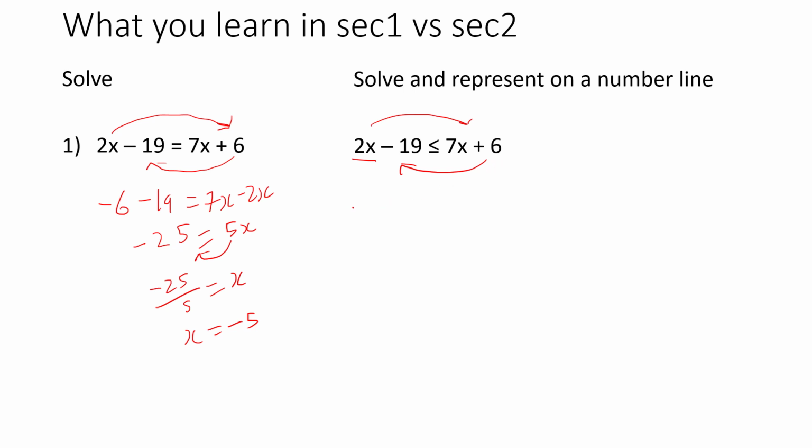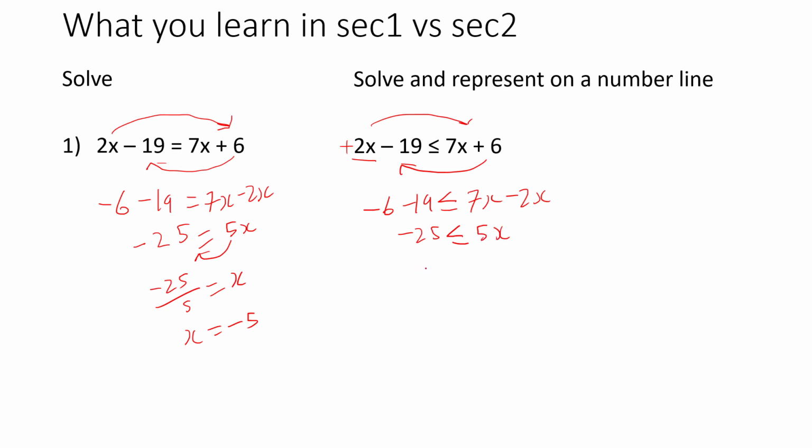So positive 6, after it comes over, will become negative 6, minus 19 is smaller or equals to 7x. Because this one is a plus 2x, when I move over, it will become negative 2x. So negative 25 is smaller than or equals to 5x.